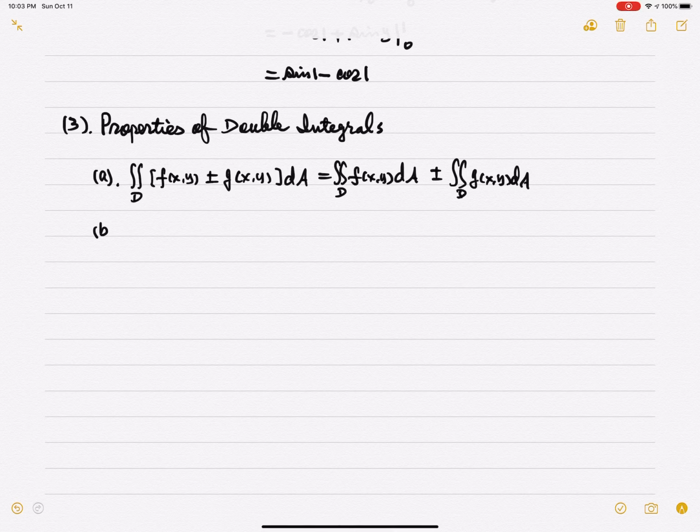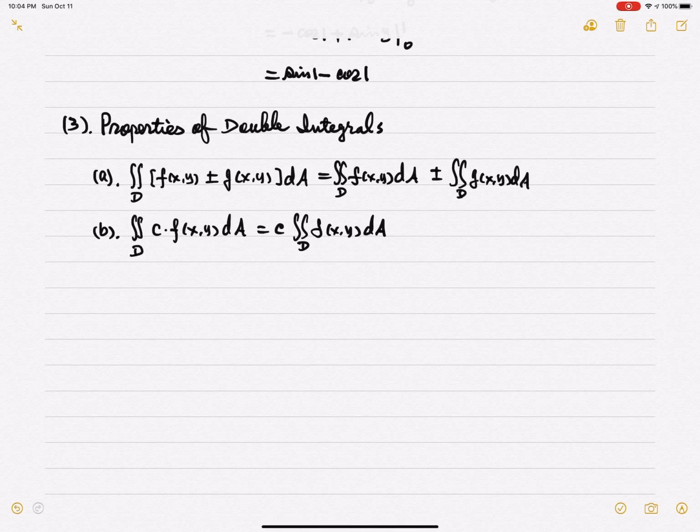Okay, part B, we say over D, if we have a constant times f(x,y) dA, then this constant can move out. Okay, well, I'm just going to list this. If you really want to look at the proof, we just use the definition, limit of sum, and then you can use the property of a limit, property of a sum to prove it.